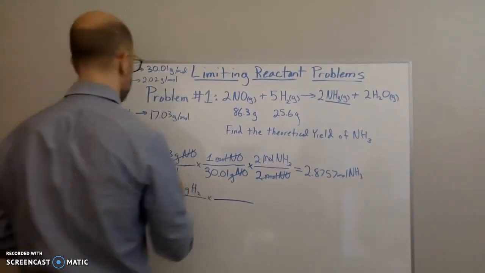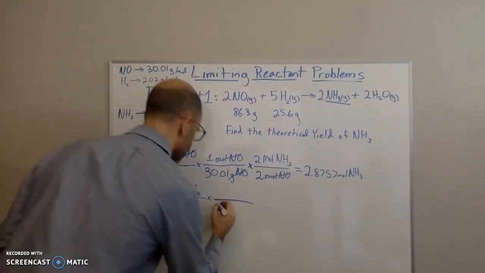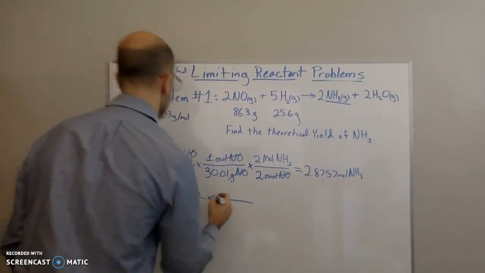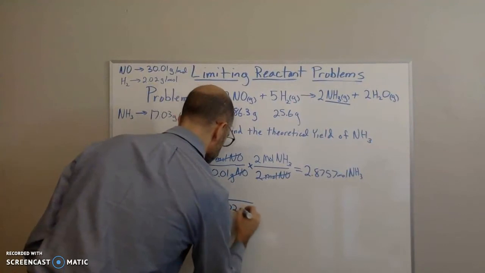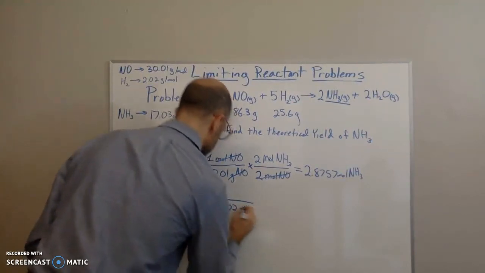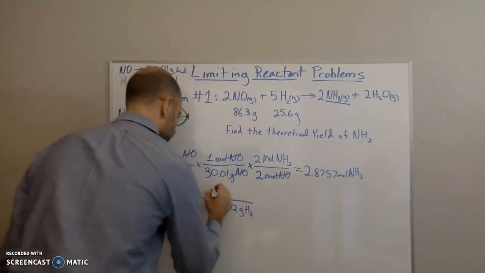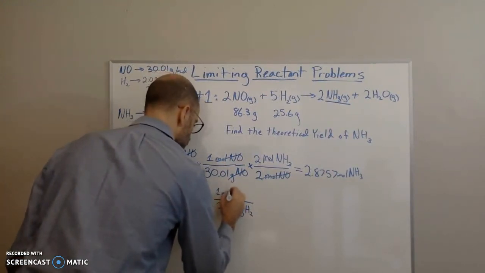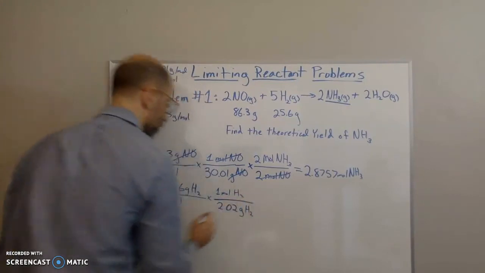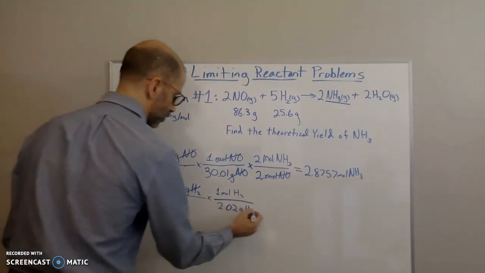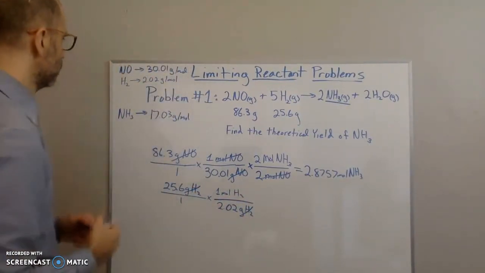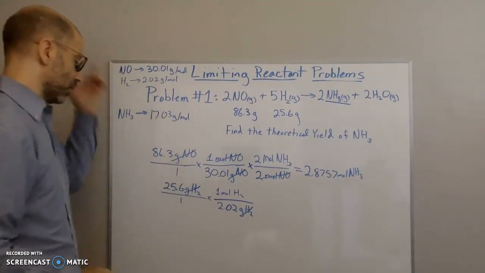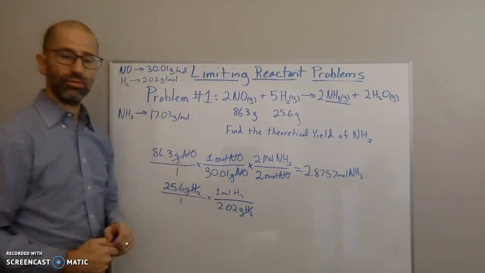And so I will put the grams on the bottom: 2.02 grams of H2 on the bottom, and I have 1 mole of H2 on the top. So the grams of H2 are going to cancel out. So now I have moles of H2.